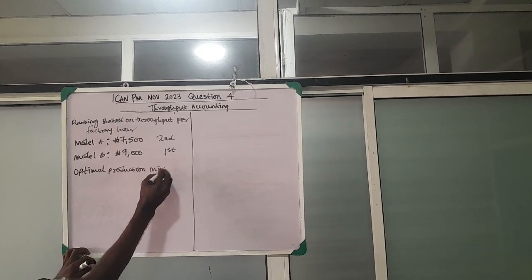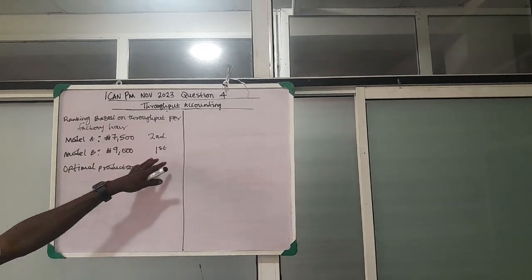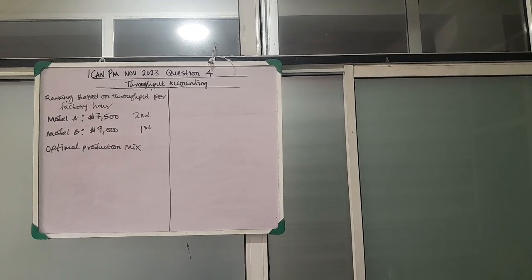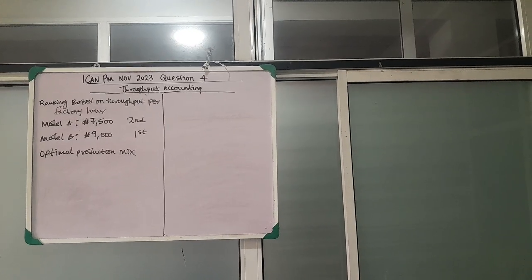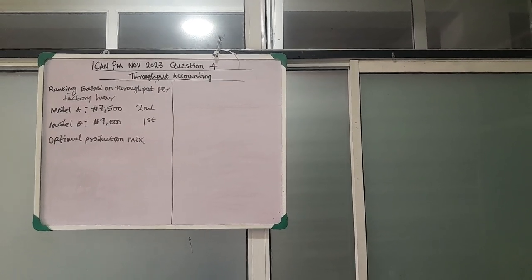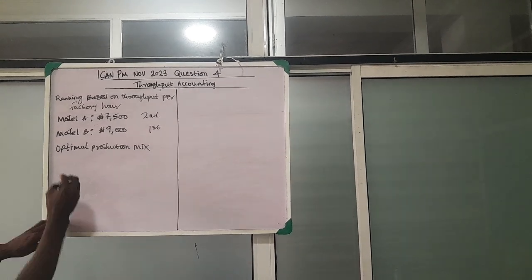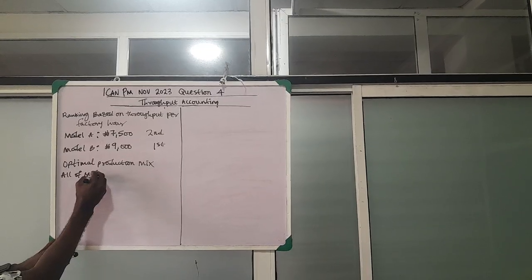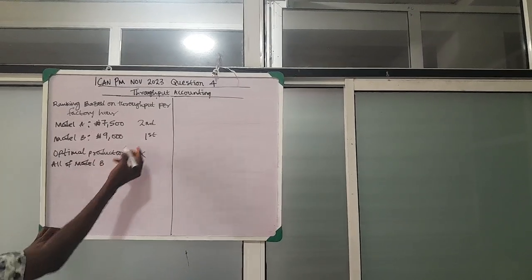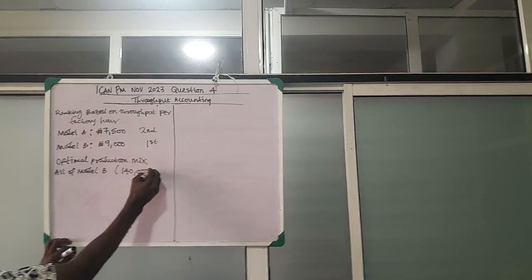For the optimal production mix, we are going to produce all of model B. They say the units that is required is 140,000 units. You can say all of model B based on the ranking, and what they need is 140,000 units.